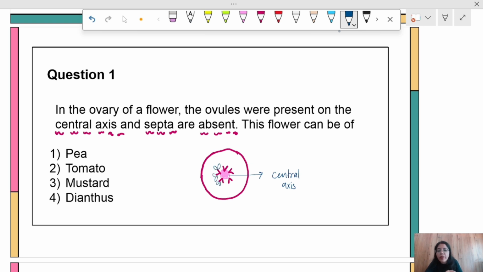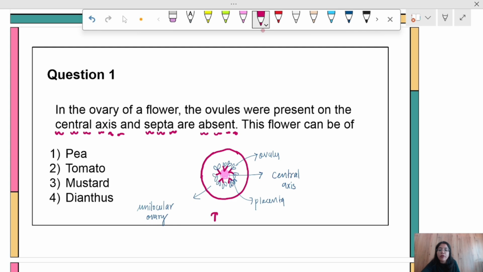Ovules are attached. Just for your understanding, I'm drawing what is written in the text in a diagram, so that you can understand. These are the ovules, and this red color thing which I have drawn is the placenta, right? And you can see this ovary is not having any septa. This is a unilocular ovary. Okay, understood. This kind of placentation is called free central placentation.